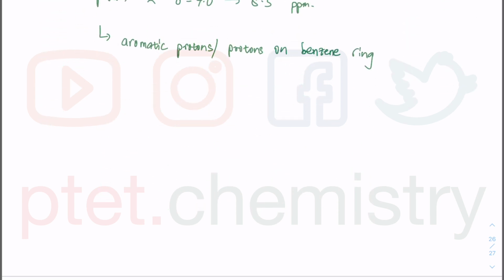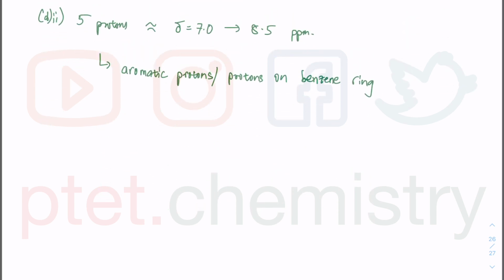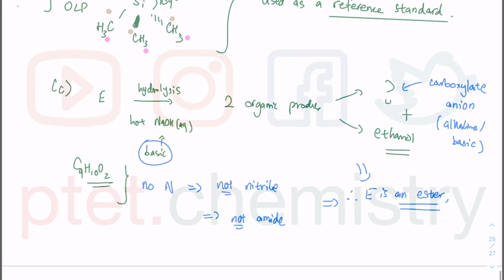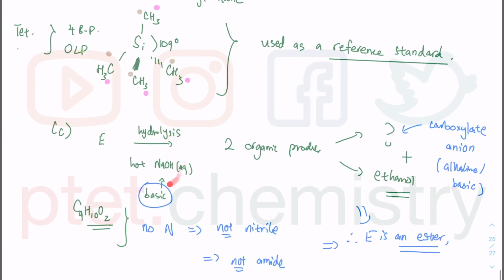Now that we know there is a benzene ring, we know there's ethanol, because earlier in the question we were told that when you do hydrolysis in hot alkali or hot base, you get ethanol, and you get this carboxylate because you're in the presence of base, otherwise it will be an acid.